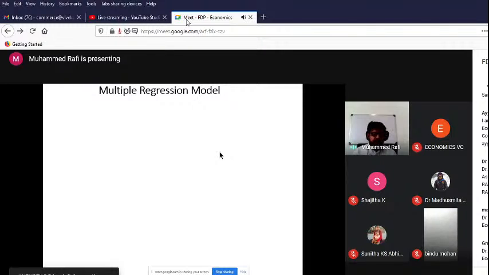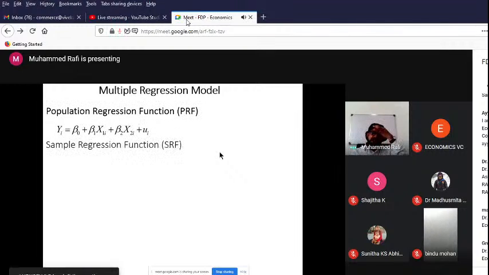So here the logic is the same, where we would like to go for a population regression and find out the values of beta 0, beta 1 and beta 2. Here you can see that in the multiple regression model, you have more than 1 independent variable. So we know that one variable may not be able to explain the variation in the dependent variable.